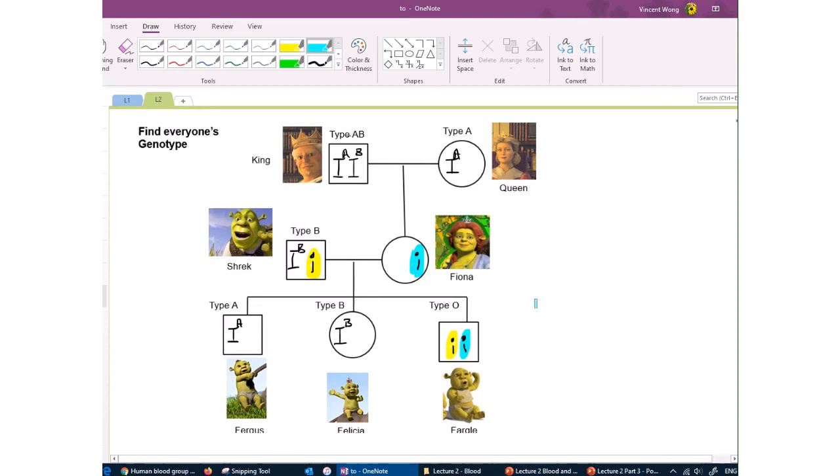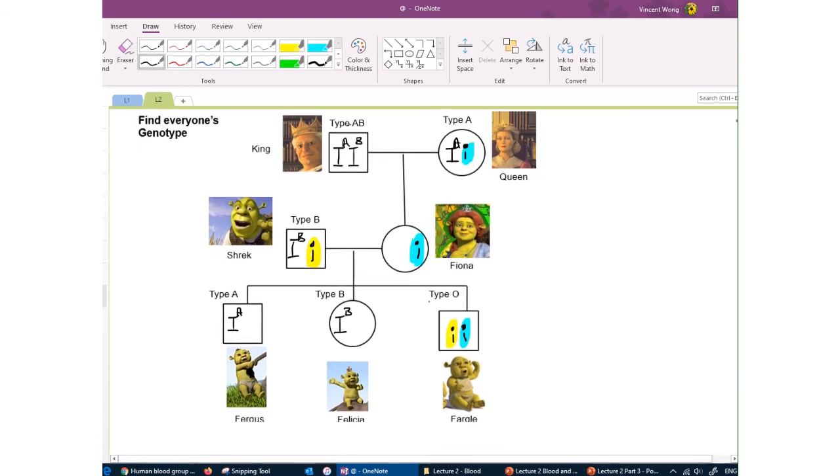So let's keep on tracking this through another generation. Fiona got half her genetic material from the King and half from the Queen. And so where did this little i come from? Well, definitely not the King, because the King is type AB, so he can only pass on IA or IB, which means the small i must have come from the Queen. Okay, so the Queen mother is IA small i.